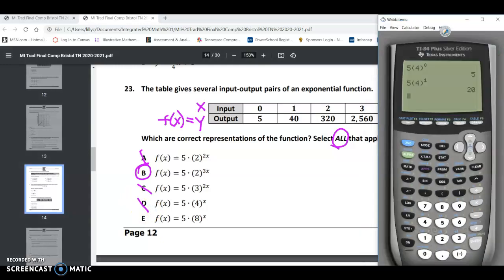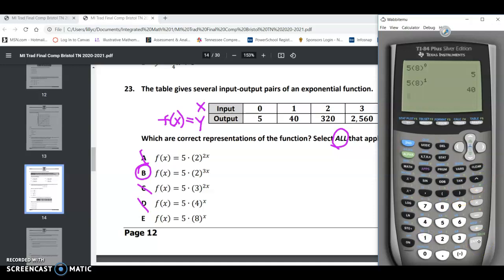So the last one says 5 times 8 raised to the x power. So 0 is the first one. 5 times 8 raised to the first power is 40.